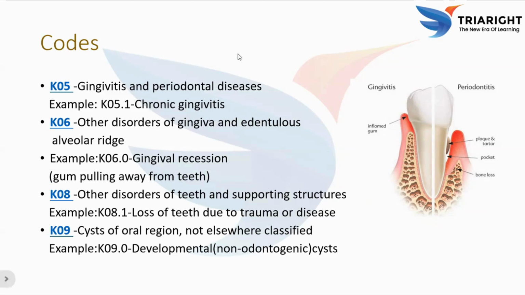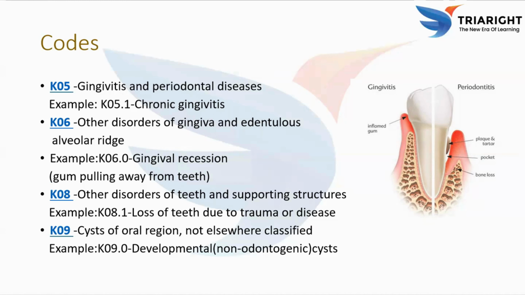This code range from K05.1 to K05.5 or 6 includes the inflammation and infection of gums and supporting tissues of the teeth. Here the K05.1 code indicates chronic gingivitis. For example, if a patient is diagnosed with chronic gingivitis, then the ICD-10-CM code is K05.1, right?